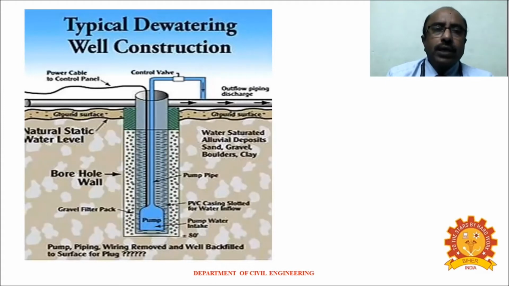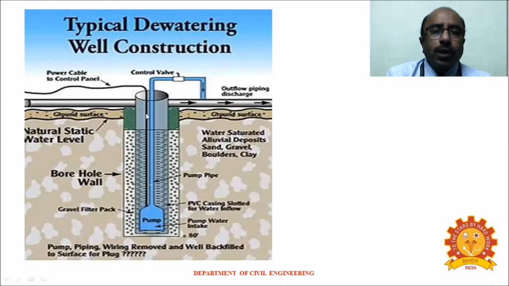This picture shows a typical dewatering well construction wherein we have the pump and the casing pipe, and this is the pump pipe, and this is the PVC casing, and this is the ground surface, and this is the natural groundwater table.